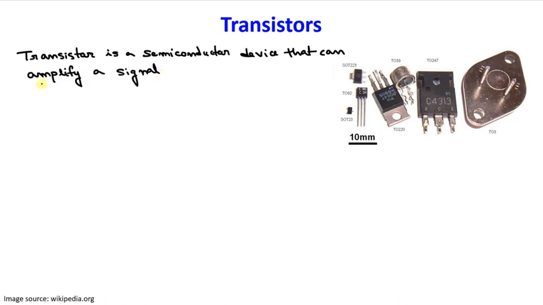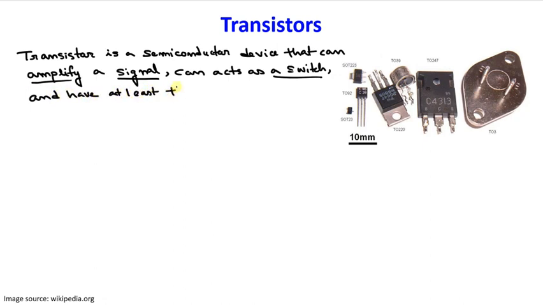This transistor can amplify a signal, right? Along with that, a transistor can also act as a switch. And a transistor should have at least 3 terminals. That is enough to describe a transistor, right?